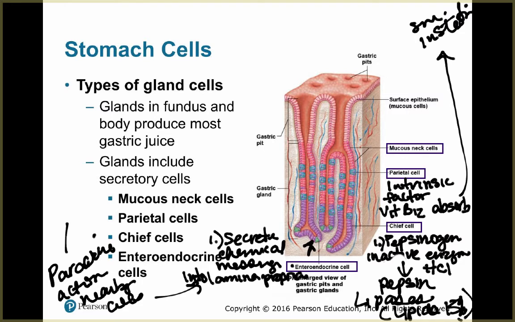Now, they're responsible for secreting serotonin and histamine.